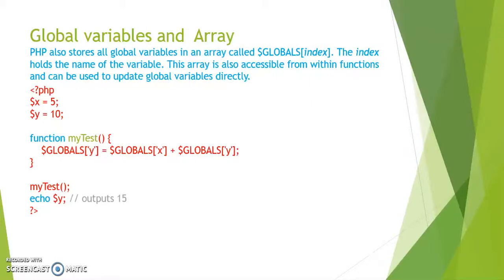This array is also accessible from within the function and can be used to update global variables directly. Okay, this is another format, another way of working with the previous one we just saw, using an array.